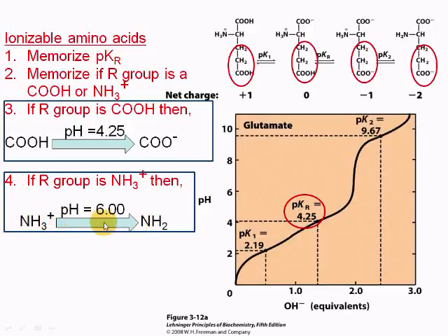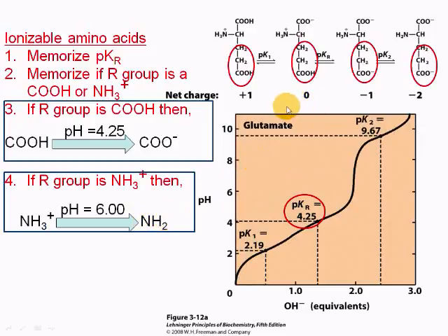We draw our arrow, and then on the other side we draw NH2. And if the pKr, let's say we're talking about histidine, so the pKr would be 6, then anything below a pH of 6, you'd have that charge. Anything above a pH of 6, you would have lost your charge.